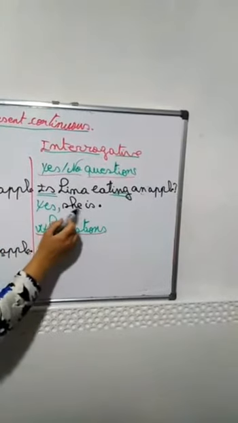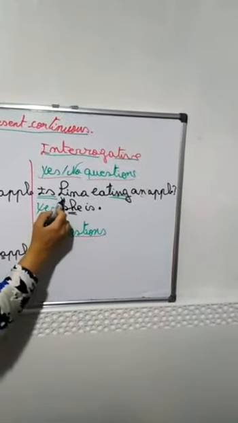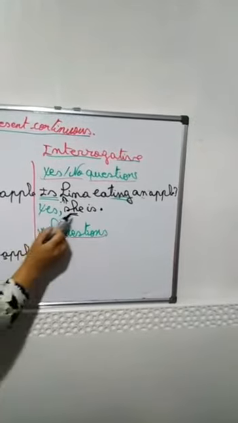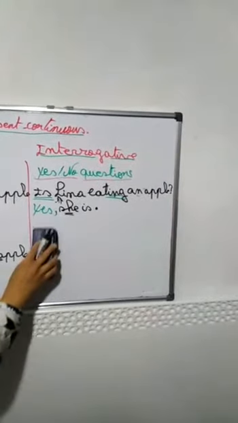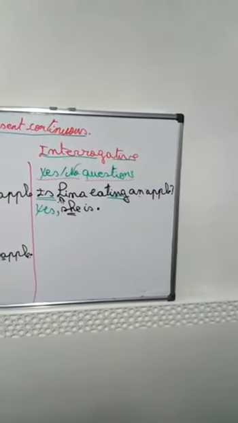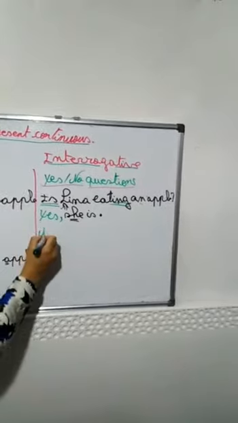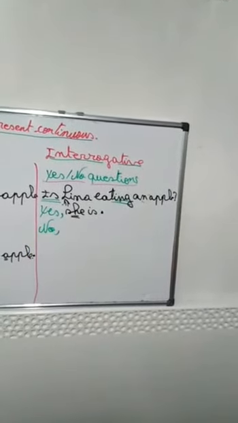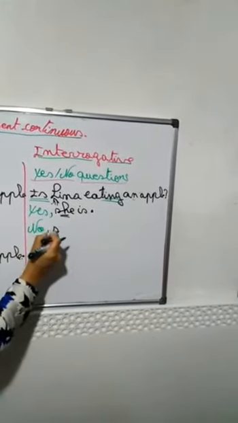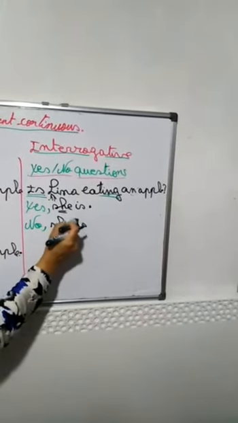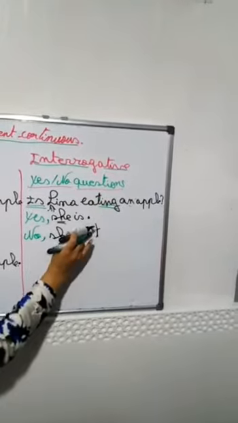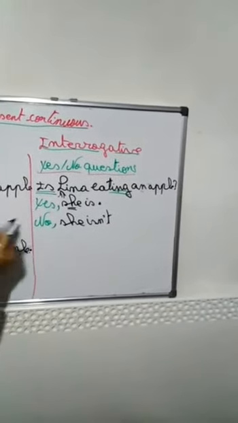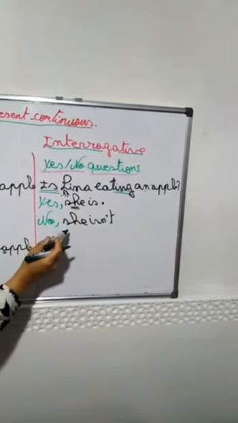What do you mean by she? Lina. Yes, she is. If no, what can we say? Very simple. Excellent. If no, we will say no, she isn't. If yes, yes, she is. If no, no, she isn't.